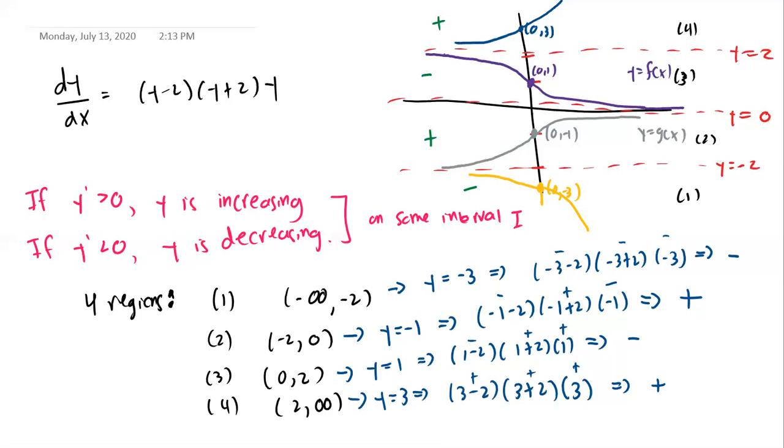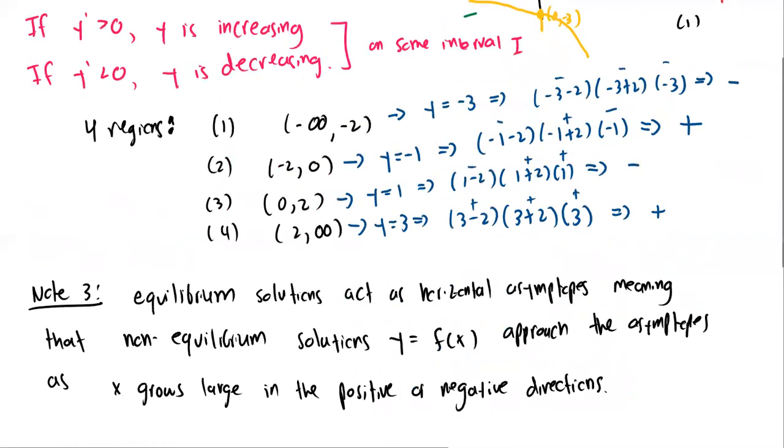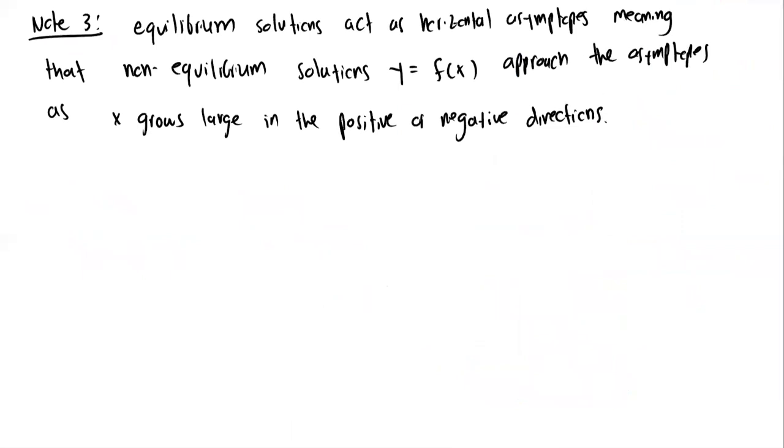Now, this picture that I drew here, as it is right now, this is what we call a phase portrait. So let me write it as definition 2. The picture drawn above is called a phase portrait.